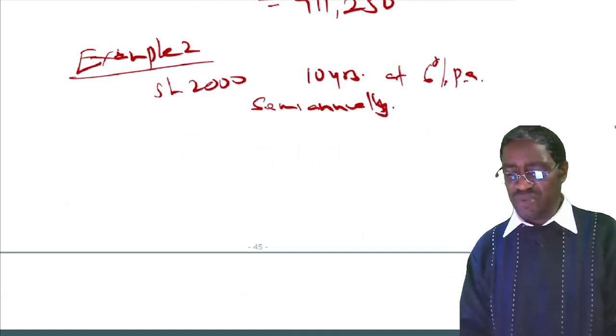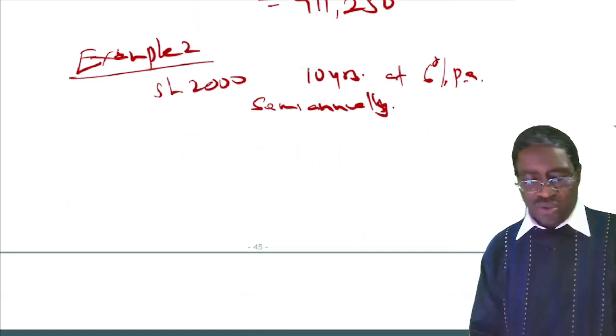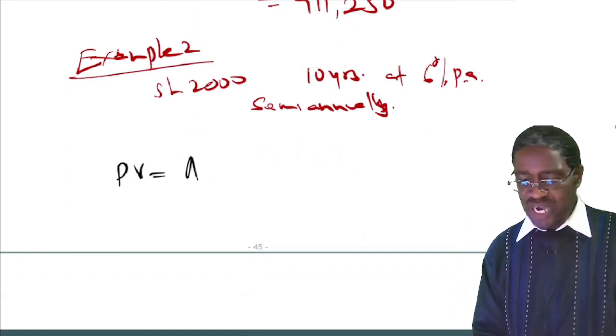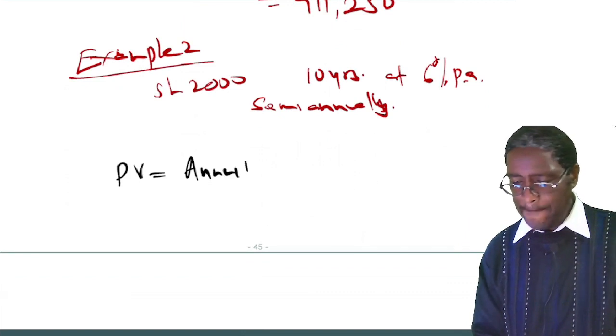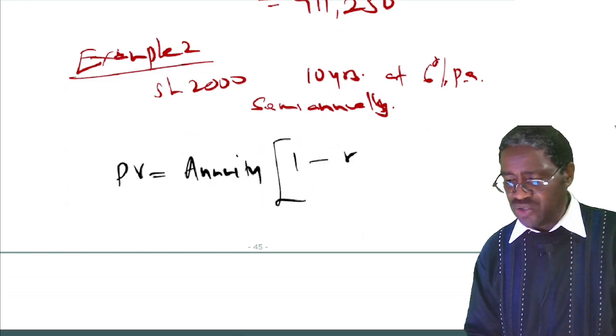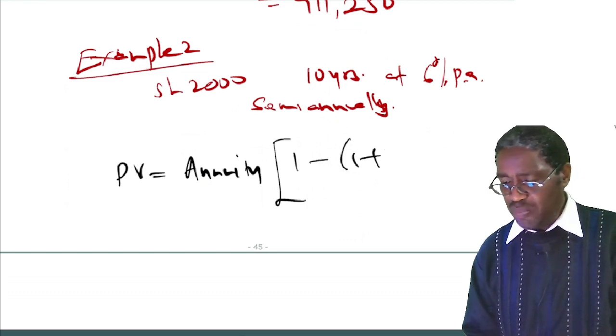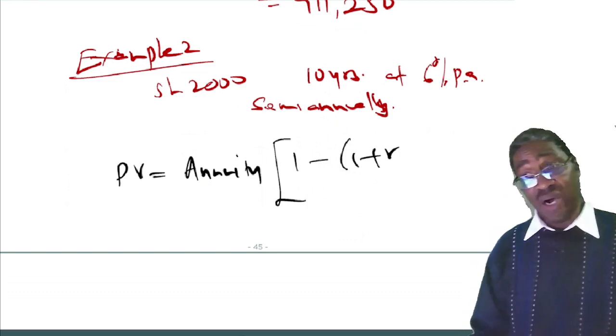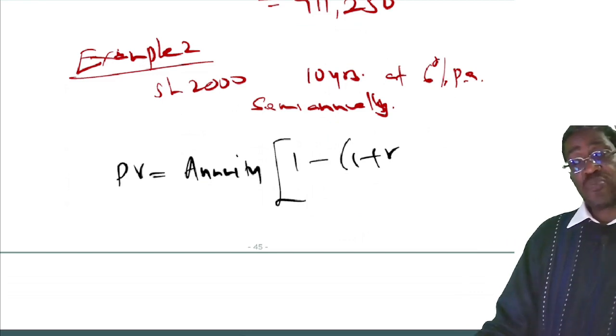Our present value will be the annuity into 1 minus 1 plus R. Remember now our R is not per annum.